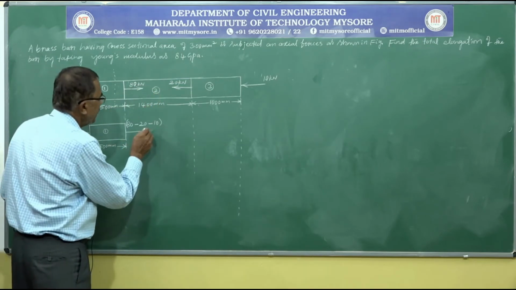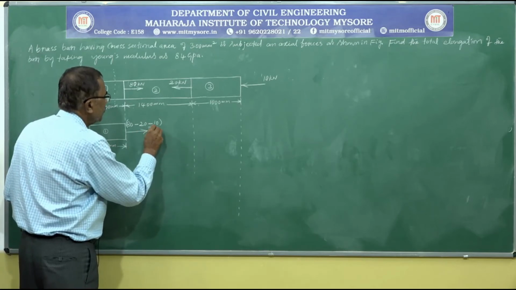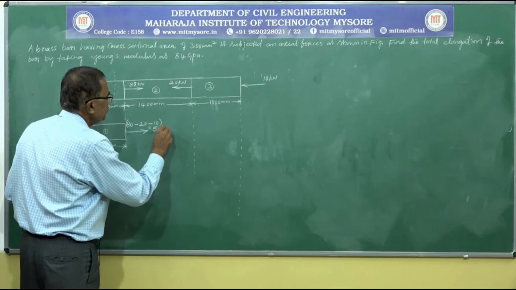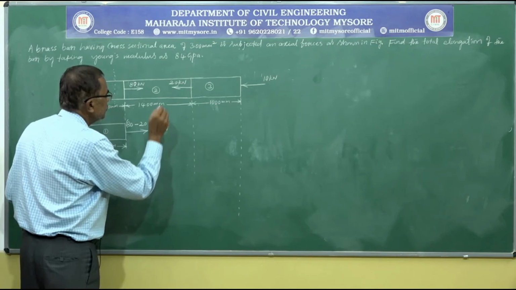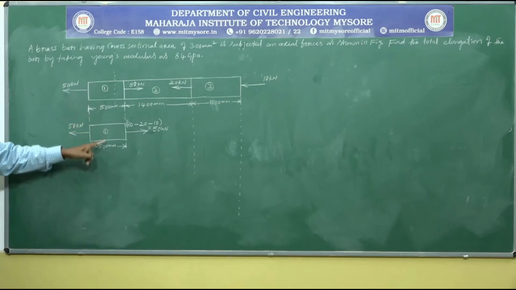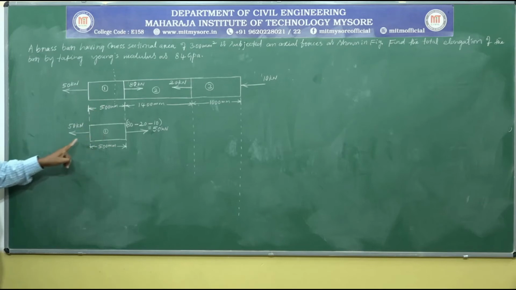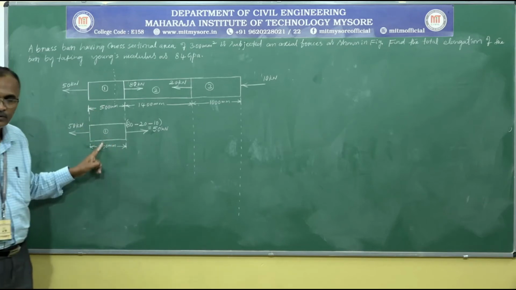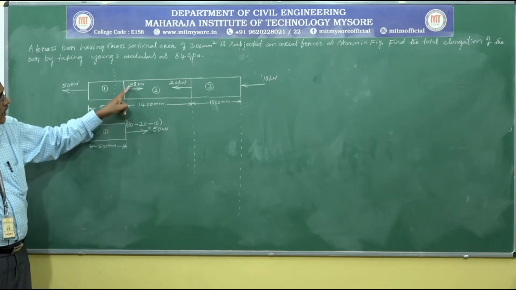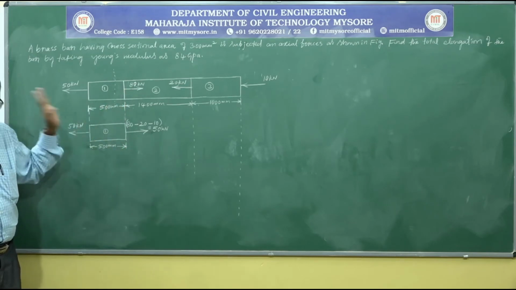So we can decide the arrow direction now, it is equal to 50 kilonewton. Now the first portion of the beam is in equilibrium under the action of 50 kilonewton tensile force. We altered this 80 kilonewton load. So this portion is in equilibrium.